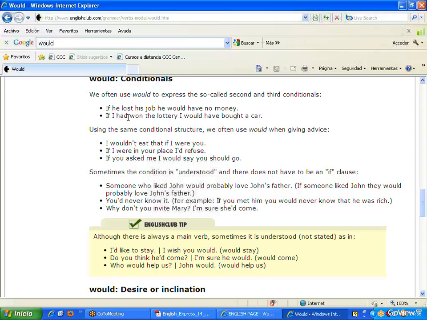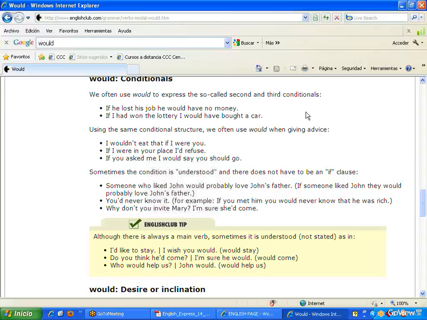Bueno, he has not lost his job. No sé. He hasn't lost his job. Hasta ahora no. Okay? So if he lost his job, he would have no money. So the second conditional definitely is talking about something that is still in the future. Hmm? But we don't know.